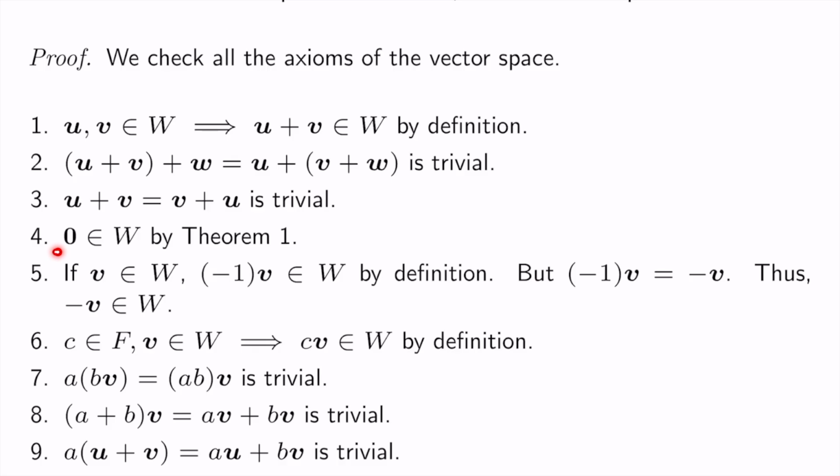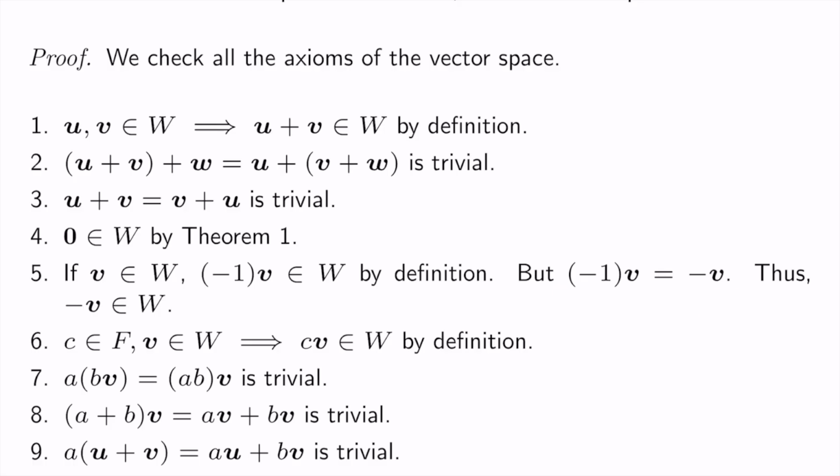And we have shown that the zero vector exists in the subspace. And if V is an element of W, then -1, which is an element of the field F, times V belongs to W according to the definition of a subspace. But -1 times any vector is the additive inverse of that vector.